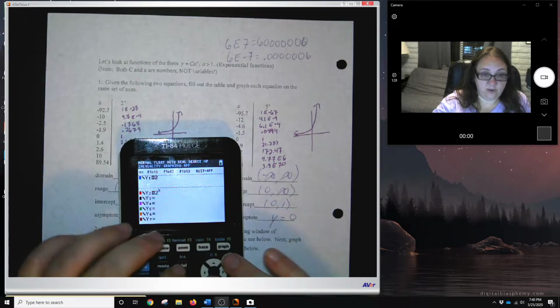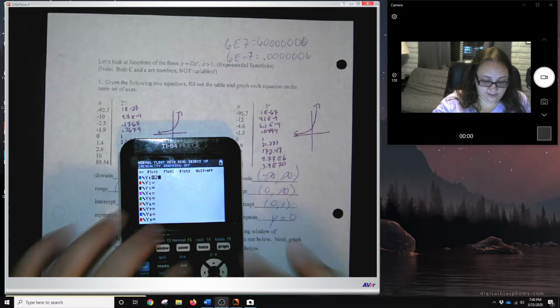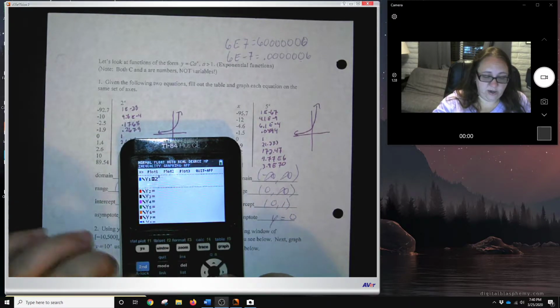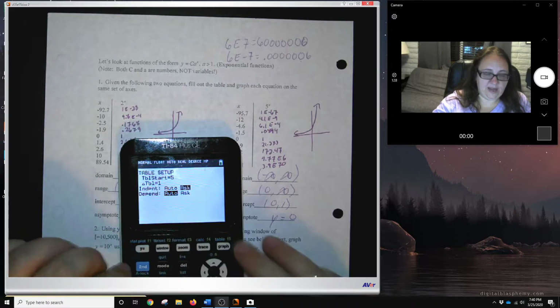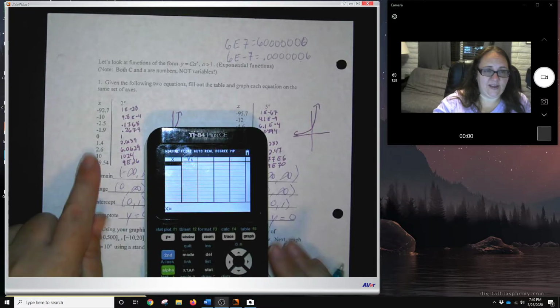I'm only going to show you one of these because they get pretty redundant. Then I went back to window, and I changed this to ask. And then I went to my table, and I put in these values.